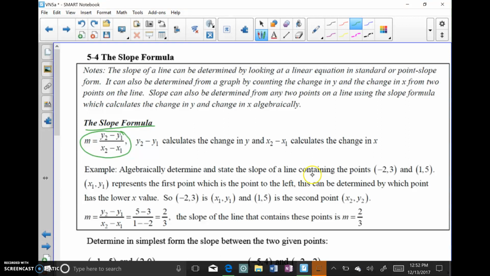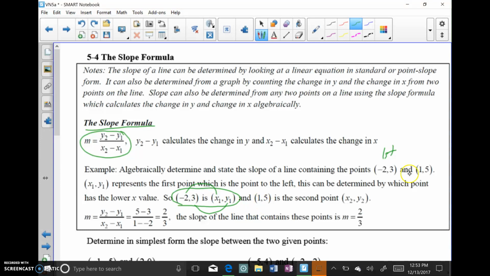We give you an example down here: algebraically determine and state the slope of a line containing these 2 points. And what they show you is that the first point here is going to be represented by x1 and y1, because we know that all coordinates are x comma y. So the first number can be thought of as x1, and the second number is y1.